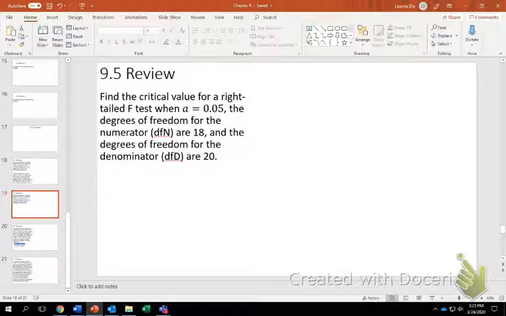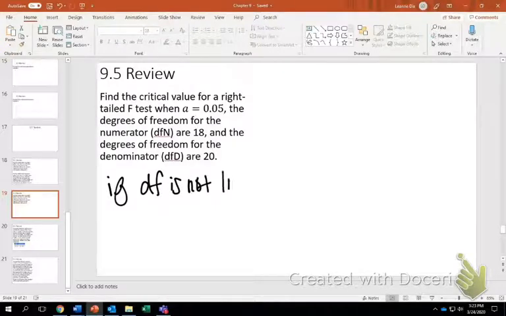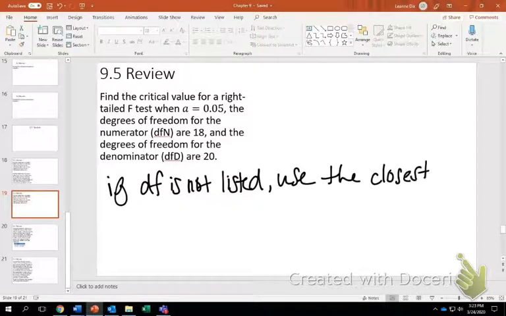All right, so whenever this happens, a good rule of thumb is to use the closest smaller value. So if your degrees of freedom is not listed, use the closest smaller value.